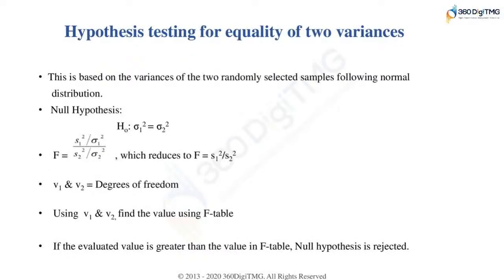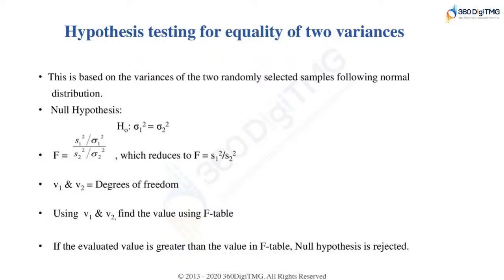Like I said, if you want to compare the equality of two variances, the null hypothesis states they are equal. So the F statistic is the ratio of sample variances, or population variances. Obviously, population variance is not possible, so it is this value.